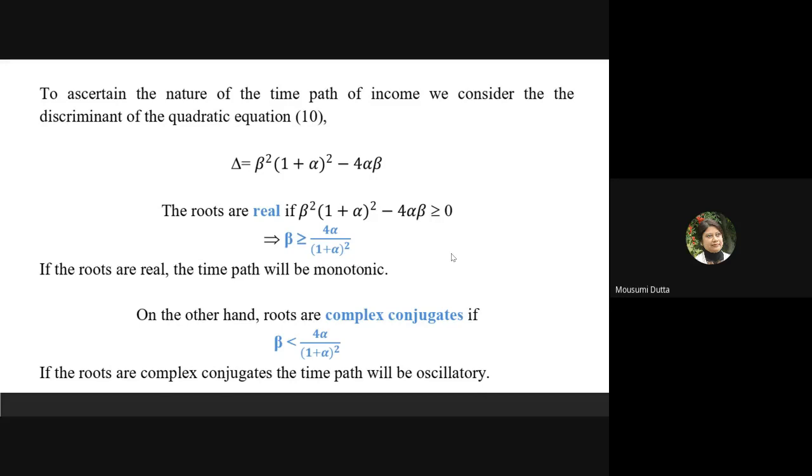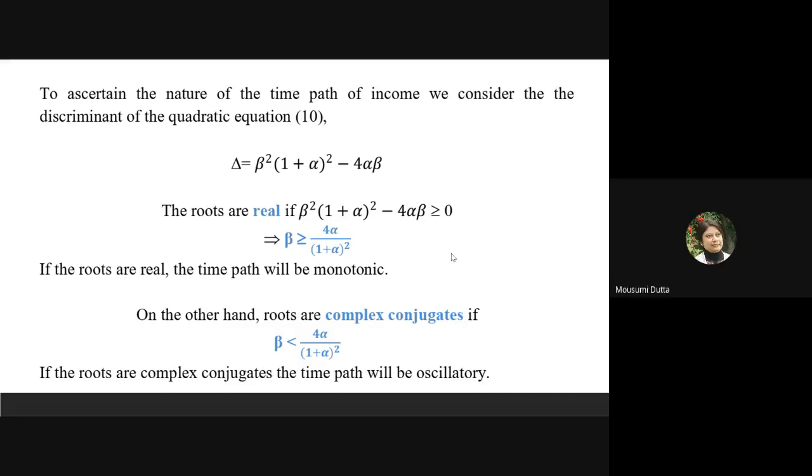However, when you are considering the quadratic, the nature of the roots will be analyzed using the notion of whether the roots are real or complex conjugates. Positive, negative, this notion will not work in the context of a quadratic framework. Yes, ma'am. Thank you.